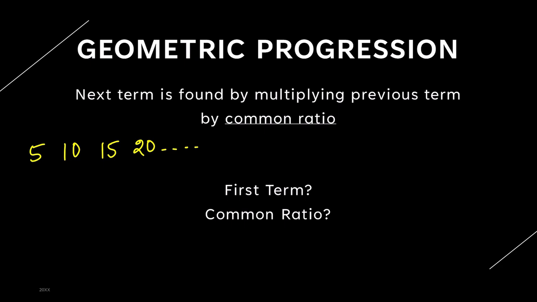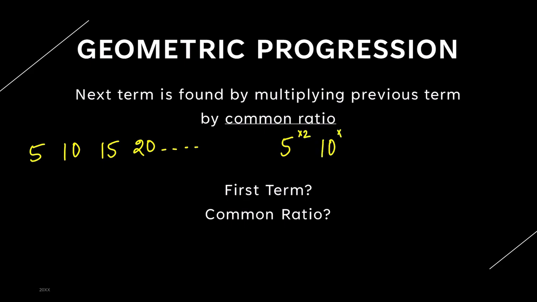But if you want a geometric progression series, here instead of adding to the last number, we are multiplying to the last number. Means if I say in a series, to get a number in a geometric series, multiply 2 in the last term. How? If I multiply 2 in 5, I get 10.